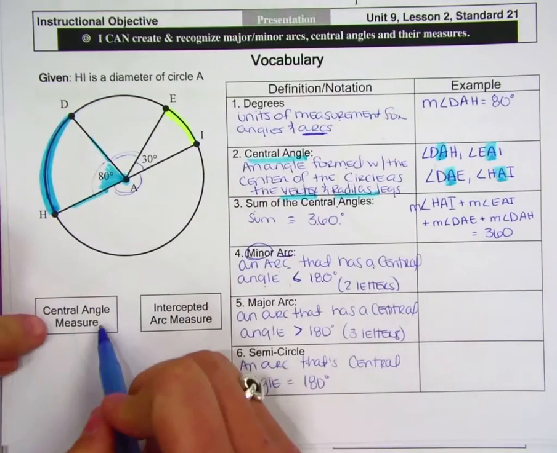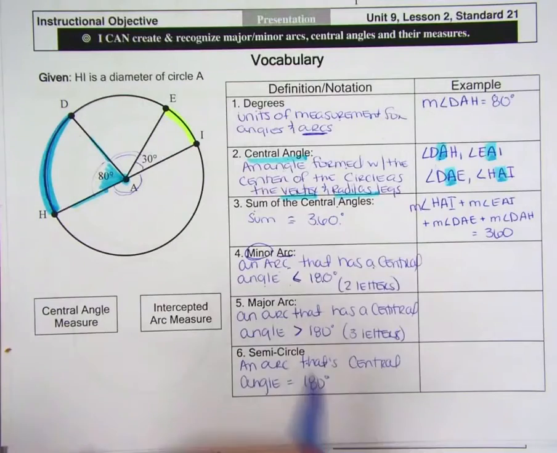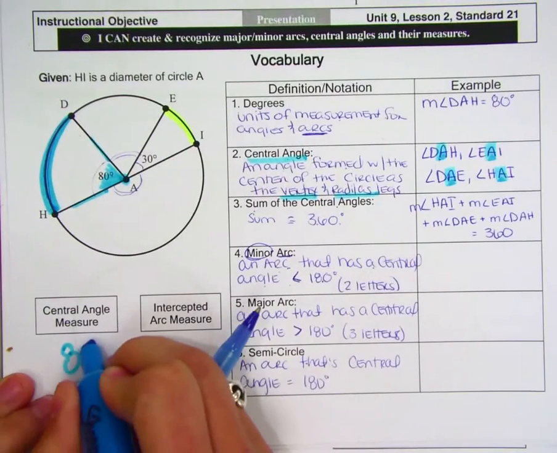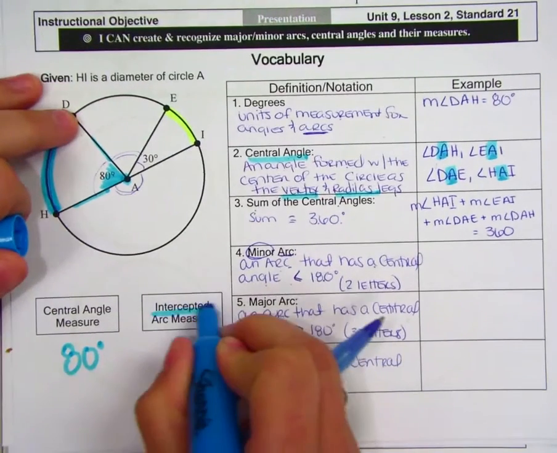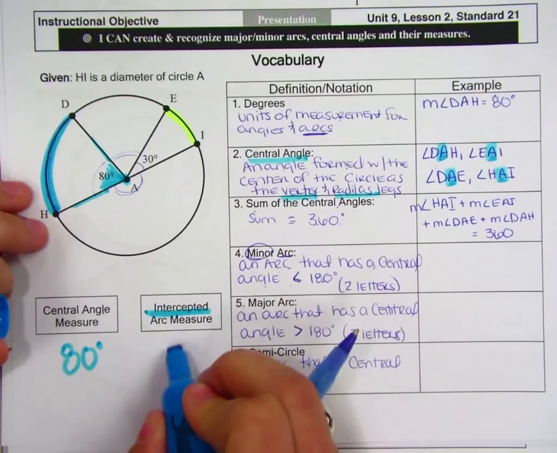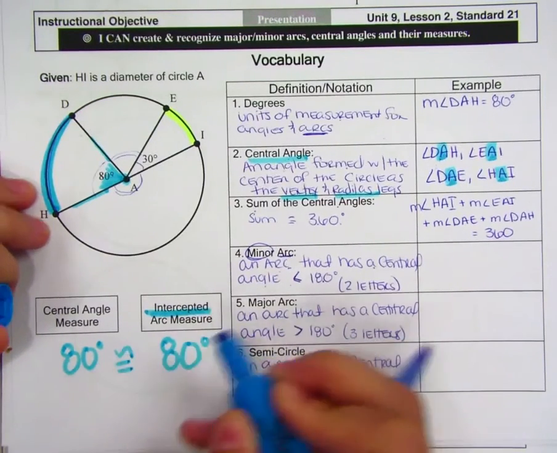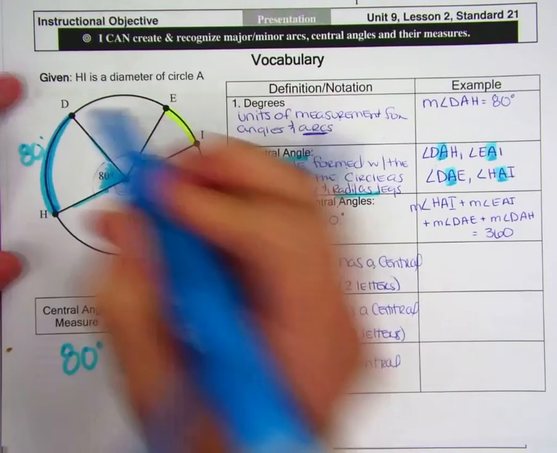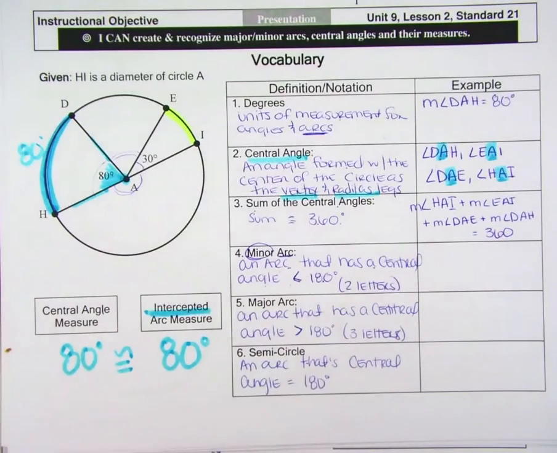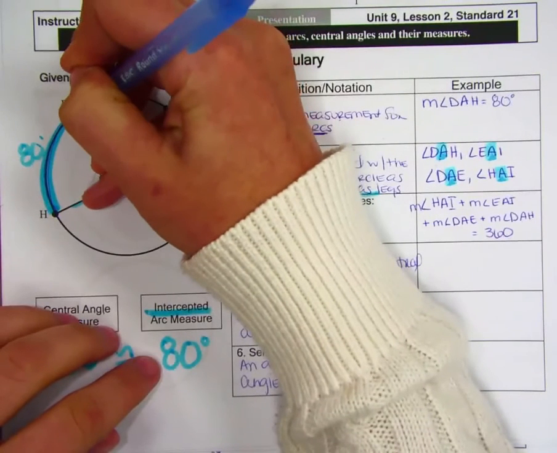Okay, and the central angle measure, so say for this blue one here, is 80 degrees, and the measure of its intercepted arc is going to be the same. It's going to be congruent. Okay, so if this is 80 degrees, we would say that the measure of its intercepted arc is also 80 degrees.